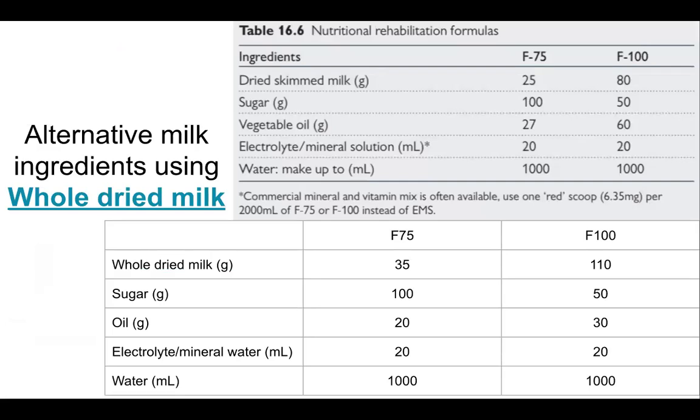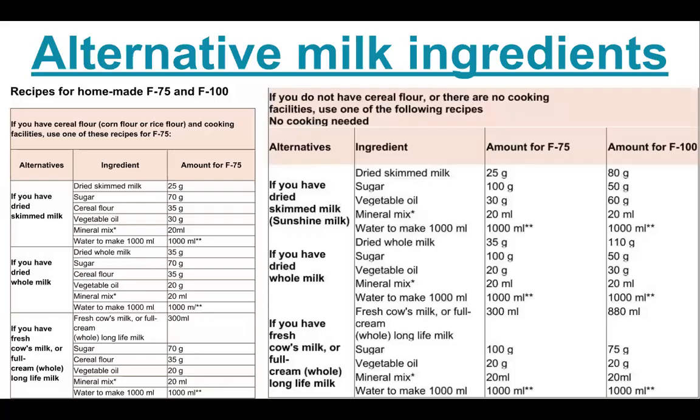So the problem is actually in some places we don't have F75 or F100. So instead of using the proper F75 and F100, we need to use an alternative milk ingredient, such as whole dry milk. It depends on which type of milk you have.